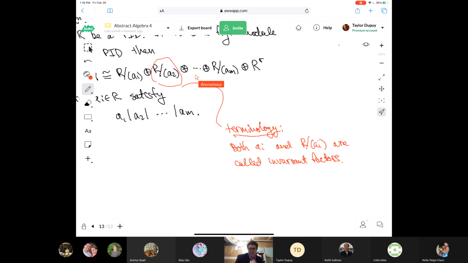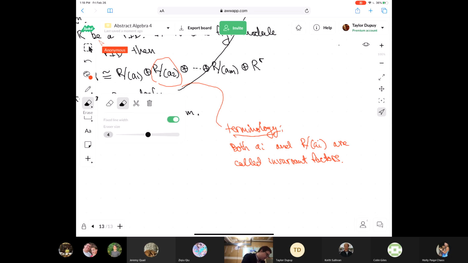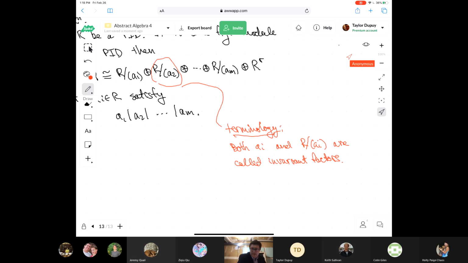And when we had a vector subspace that was invariant, that was one of the invariant factors of the module.